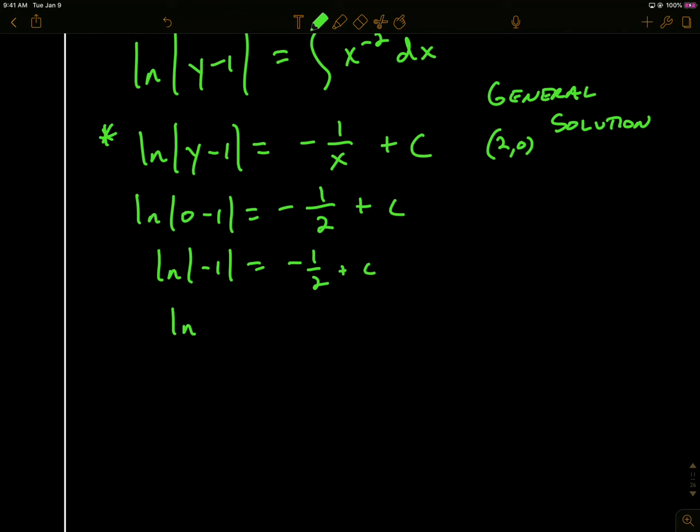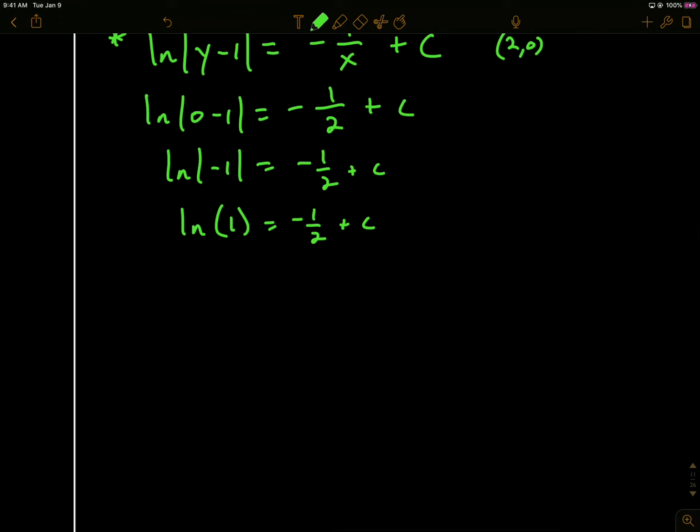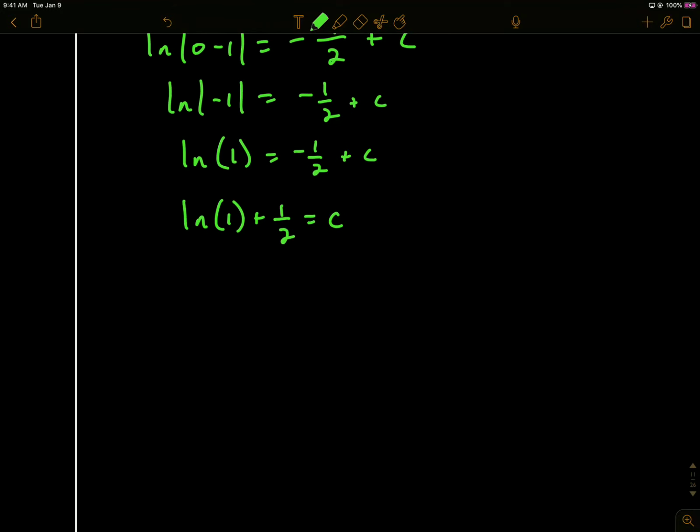So this is going to be the natural log of 1 equals negative 1/2 plus c. I'm going to add 1/2 to both sides, so I'm going to get the natural log of 1 plus 1/2 equals c. So then we know the natural log of 1. Hopefully that's going to be a natural log you need to remember. The natural log of 1 is always 0. So c in this case equals 1/2.